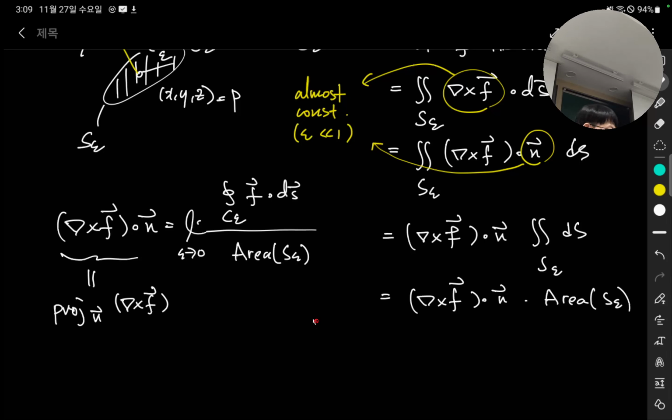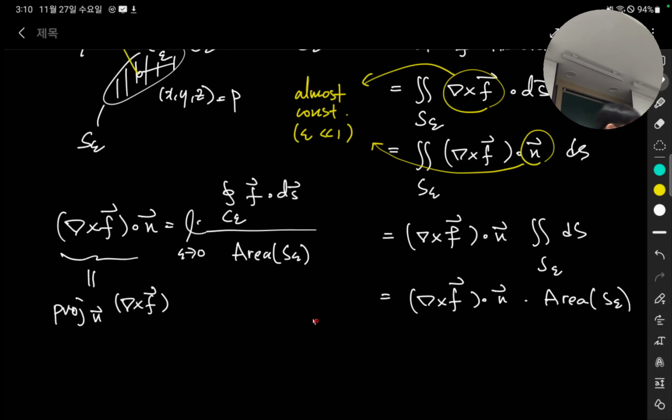Stokes' theorem says that if you take the amount of work done to circulate around one point, and divide by the area surrounded by the curve, that is approximately how much the curl is pointing in the direction of that planar area.